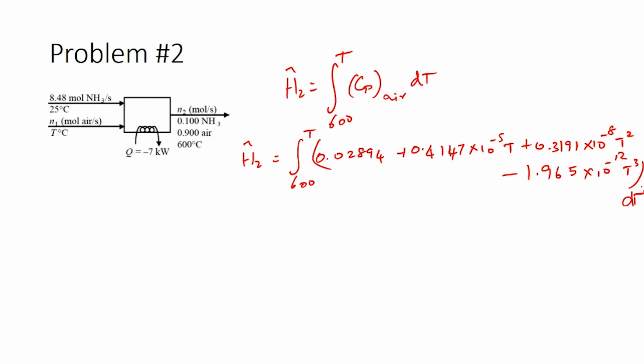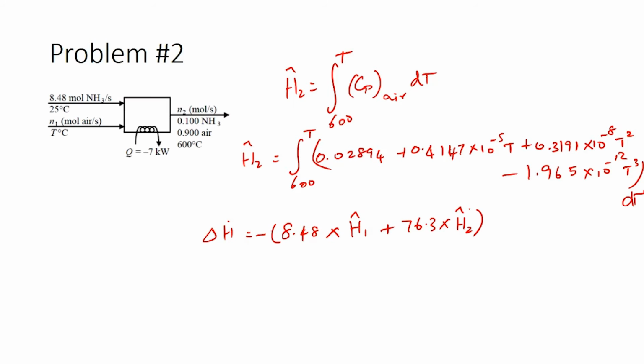So, now this 4th order polynomial can be brought in to calculate delta H cap, delta H dot. Delta H dot would be equal to minus 8.48 times H1 cap plus 76.3 times H2 cap.